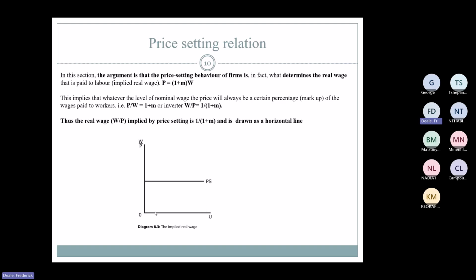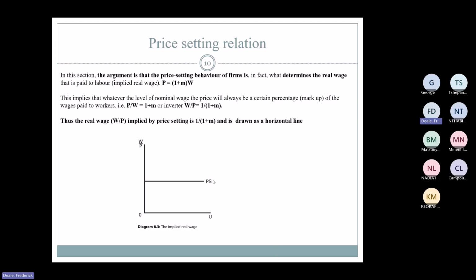No matter at what unemployment rate you are, the price stays the exact same, according to this formula. So the real wage implied by the price setting is equal to 1 divided by, and remember the brackets, 1 plus the markup. So it's basically a horizontal line.